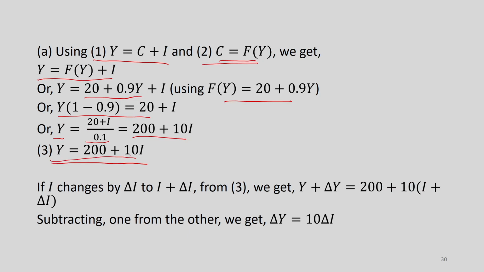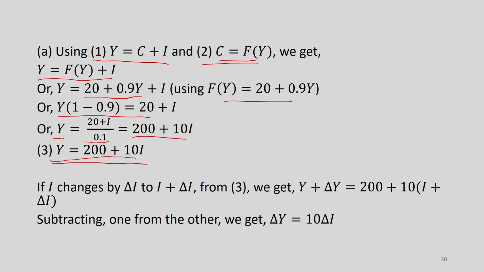Here y is the dependent variable and I is the independent variable. I have expressed y in terms of I. The second part of the first question was, if I changes by del I, how much does y change?